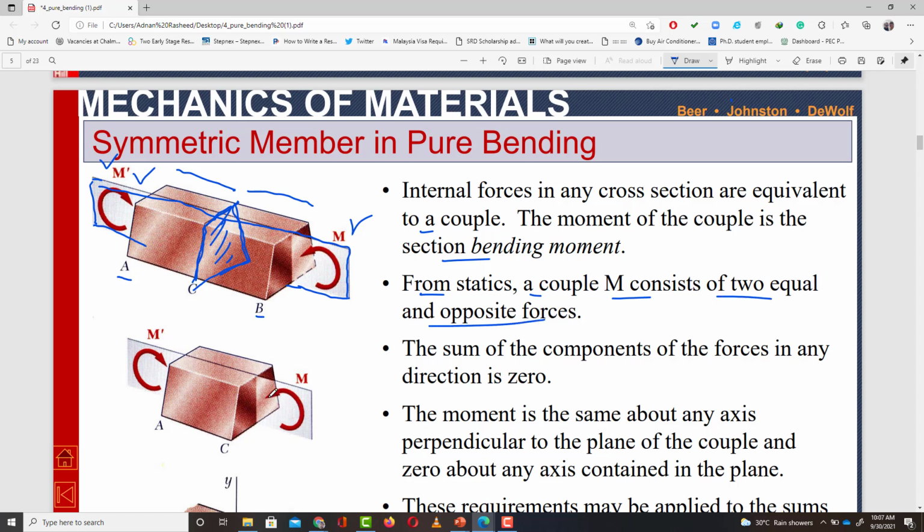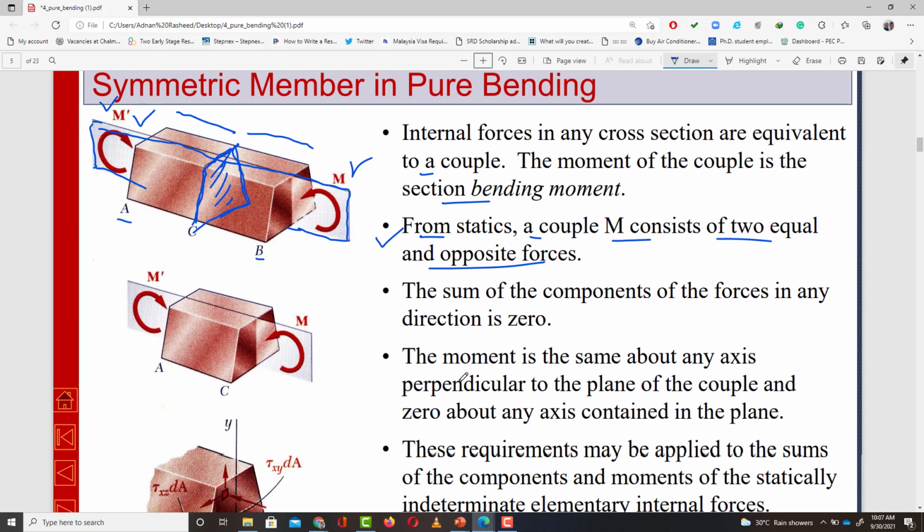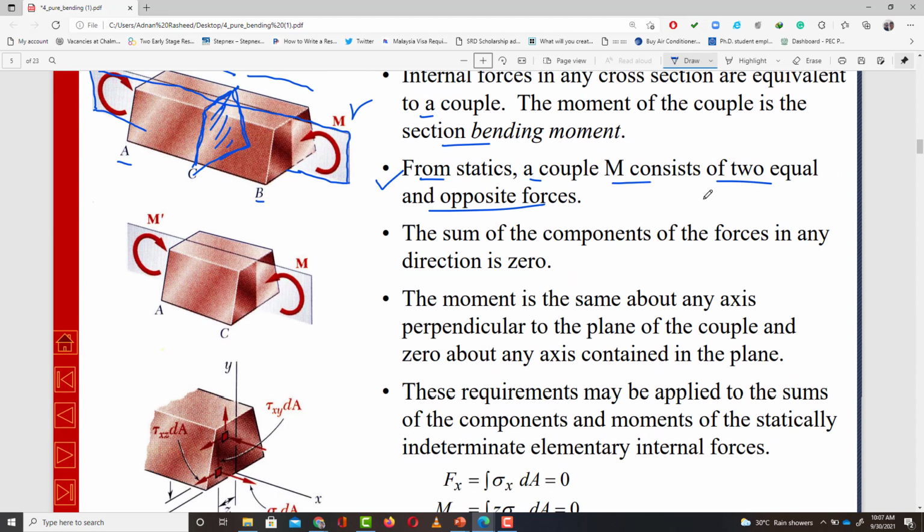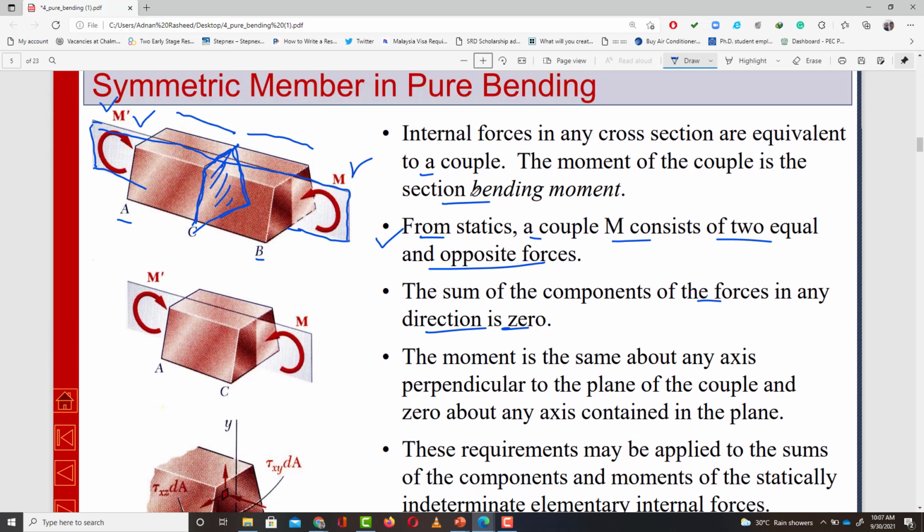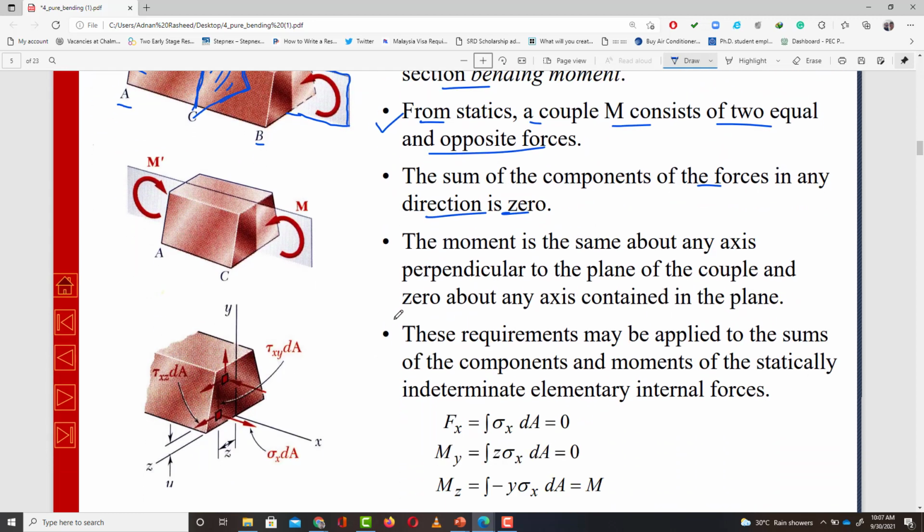I will show you below how. But remember that this couple consists of two equal and opposite forces. From statics we also note that the sum of components of forces in any direction must be equal to 0. We will use this condition of equilibrium in order to find the equations.